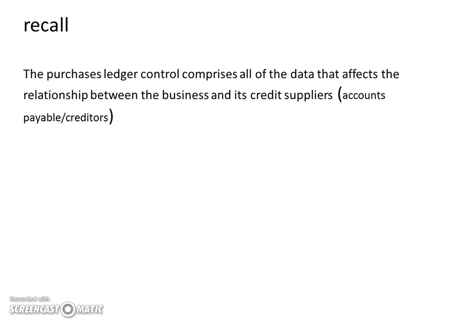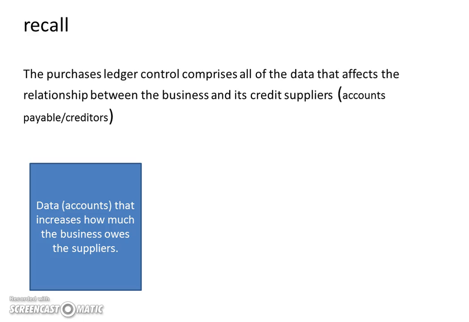So recall, the purchase ledger control comprises all of the data that affects the relationship between the business and its credit suppliers. So this will give us our accounts payable.